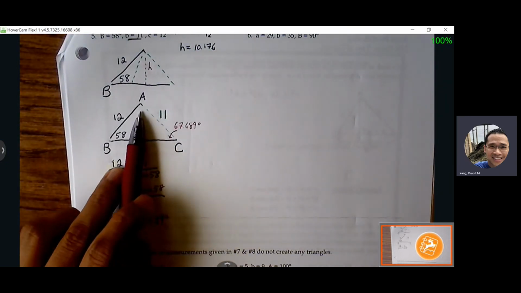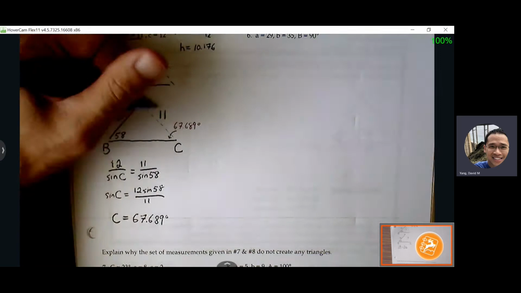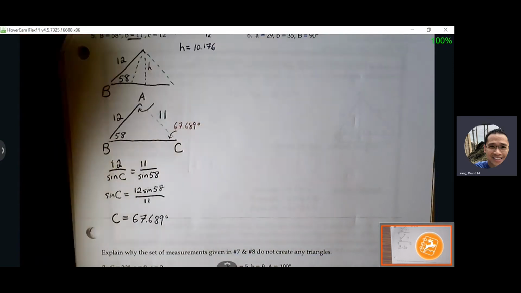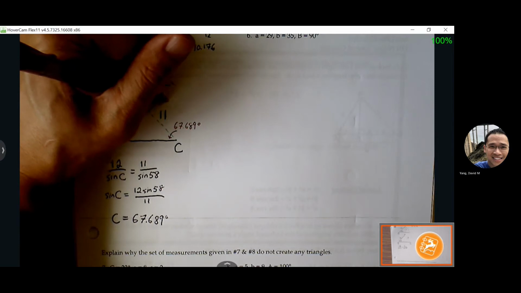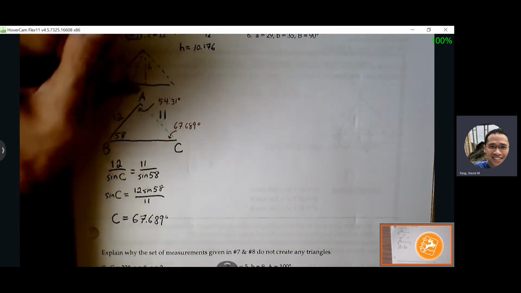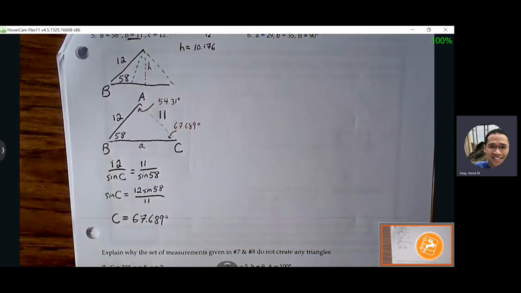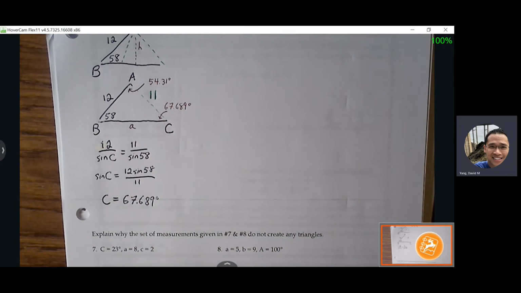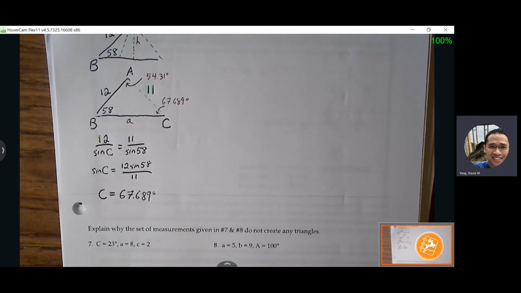Now that you have 2 angles, you can find that missing angle A. And now we can do law of sines again to find that missing side A.